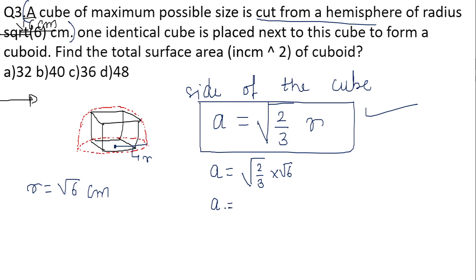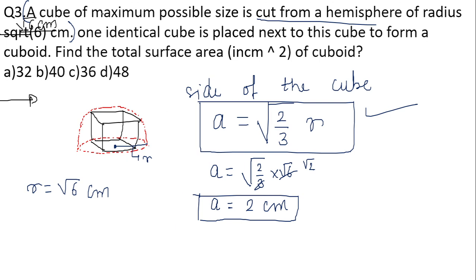Got it? So here A will become under root of 2 into under root of 3 into under root of 6. So this will give me under root of 2. So under root of 2 into under root of 2 will give me 2 centimeter. So we got the side is equal to 2 centimeter.